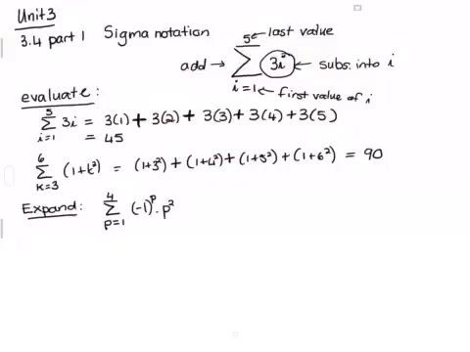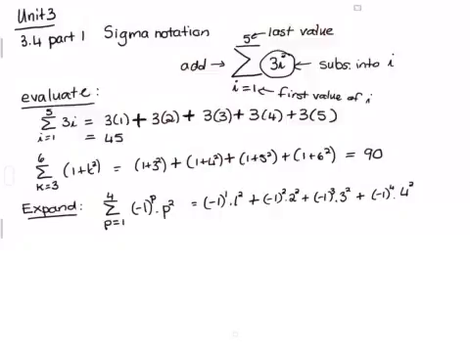So every p gets this value, minus 1 to the power of 1 times 1 squared, plus, then it gets 1 more, minus 1 to the value of 2 times 2 squared, plus minus 1 to the 3 times 3 squared, plus minus 1 to the 4 times 4 squared.